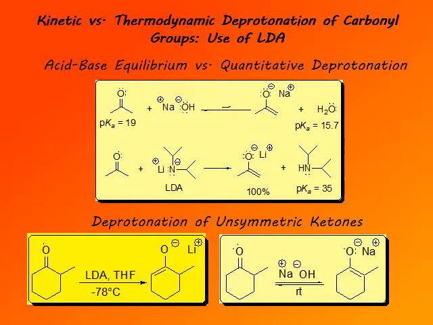Deprotonation of unsymmetric ketones proceeds in different manner using LDA or sodium hydroxide, so under kinetic or thermodynamic conditions. Under kinetic conditions, less hindered proton is removed. So in this case we have 2-methyl cyclohexanone, and of course position 6 is less hindered compared to position 2.